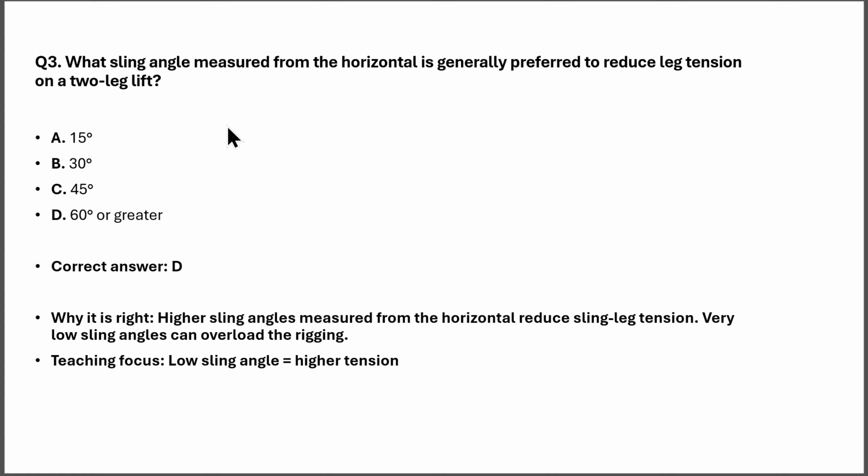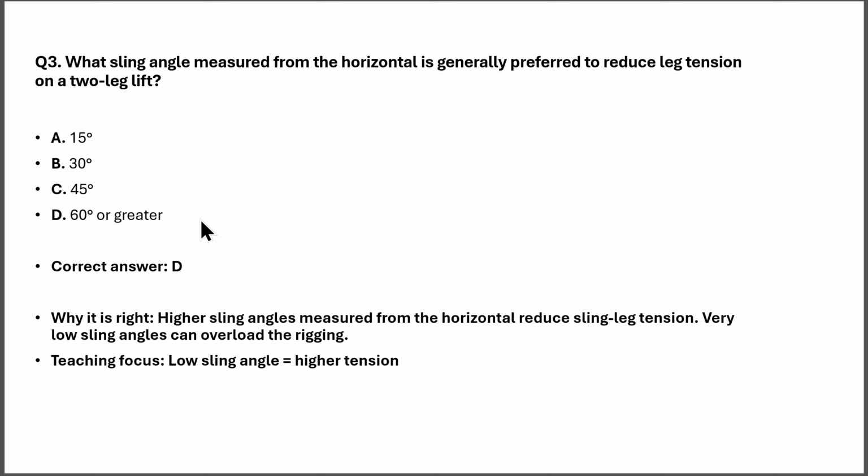Question 3. What sling angle measured from horizontal is generally preferred to reduce the leg tensions on a two-leg lift? A. 15 degrees. B. 30 degrees. C. 45 degrees. D. 60 degrees or greater.